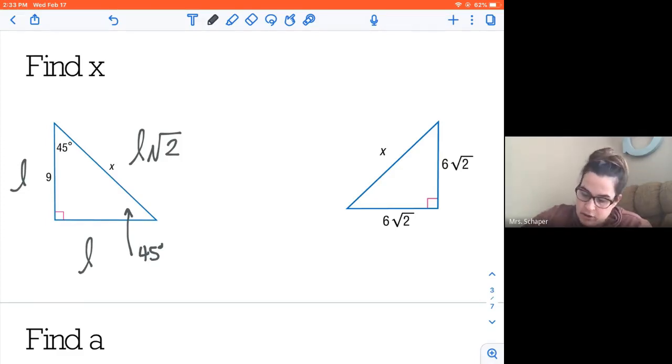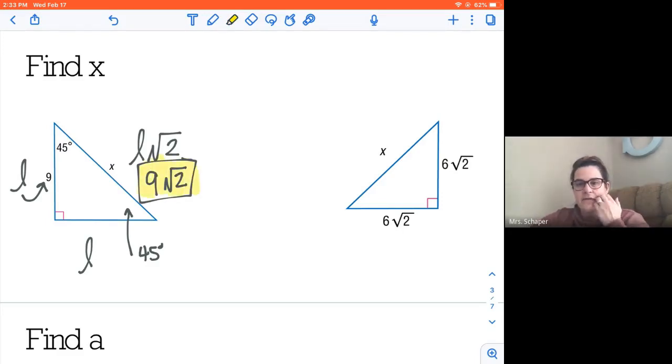So if L is 9, the measure of the hypotenuse is going to be 9 square roots of 2, because the hypotenuse is the square root of 2 times the length of the leg, okay?